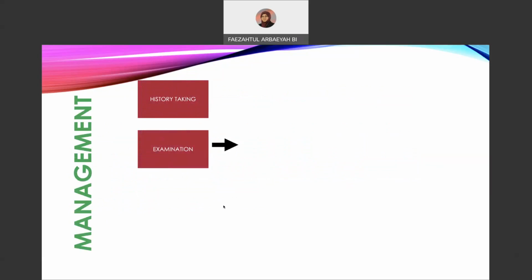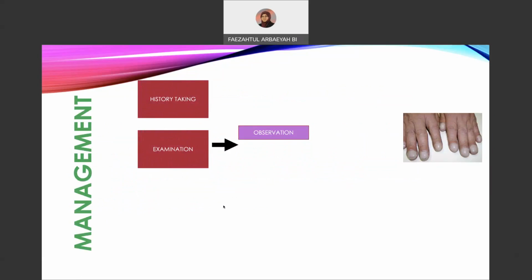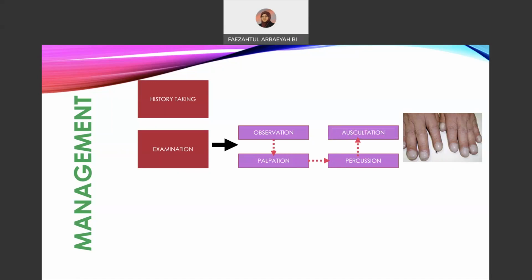Again, history taking, examination, observation. You might observe that the patient has a bit of clubbing in the fingers. This is clubbed fingers. On palpation, maybe some poor chest movement; percussion is hyperresonant; on auscultation, a lot of gurgling sound in the chest.